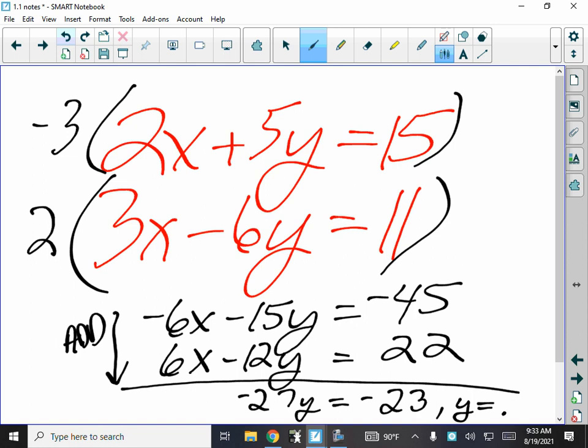I'm not going to stretch this problem out much more, but what would I do with the 0.85? Plug it in. Which equation, Mr. Blanchard? Doesn't matter, you choose. I guess I would go right here because it was easier for me to draw my arrow. I could plug it in there and then solve for x. That's elimination.